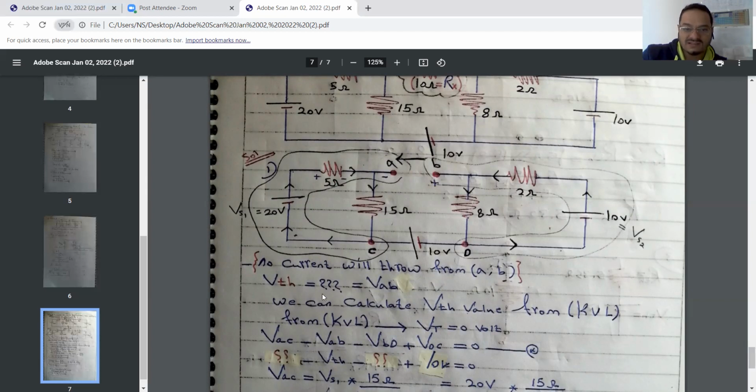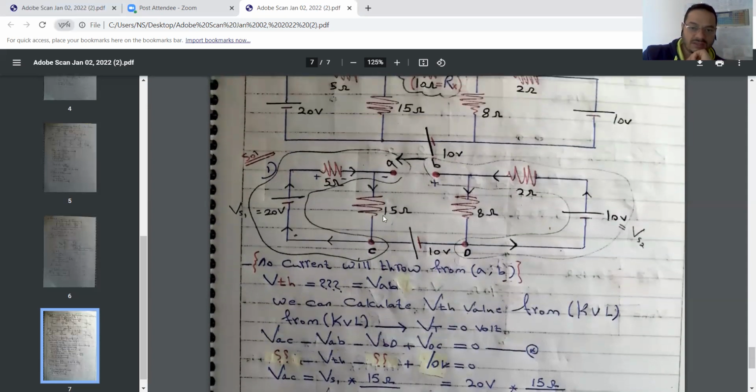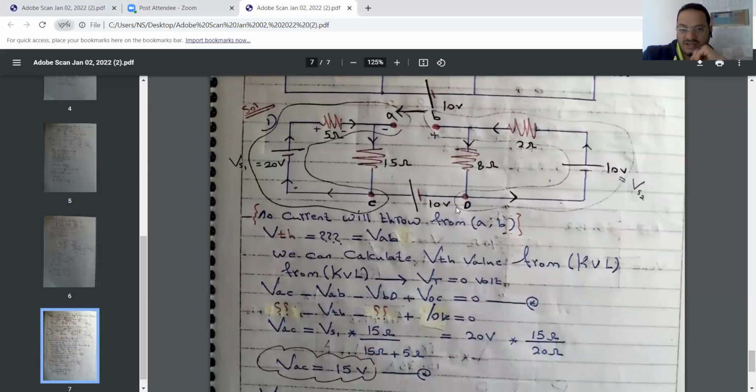But here, directly, I started to calculate the Thevenin voltage. The Thevenin voltage here equals VAB. We can calculate the Thevenin voltage value by using Kirchhoff's voltage law. I put C and D here, because we will divide the circuit into two pieces.